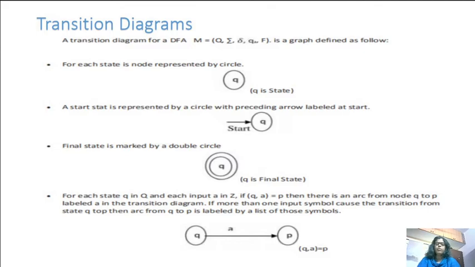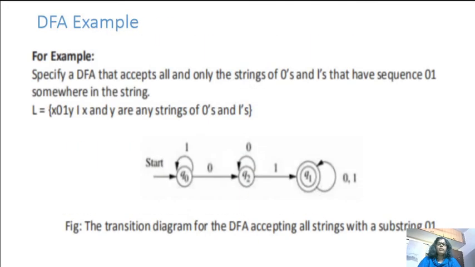So for Q to P on input symbol A, we write it as delta of Q comma A equals P. That means Q is the state, it reads the symbol A and moves to the next state P. Okay, so the next DFA, for example: specify a DFA that accepts all and only the strings of zeros and ones that have the sequence 0 1 somewhere in the string.